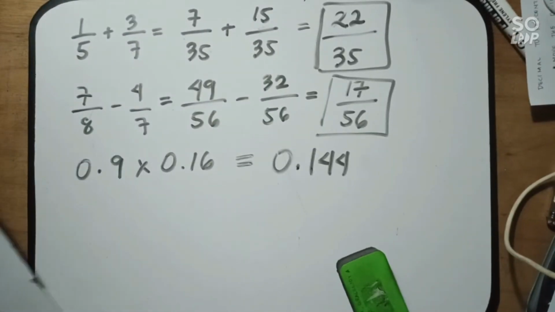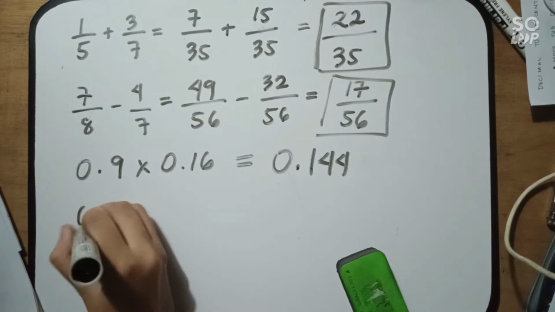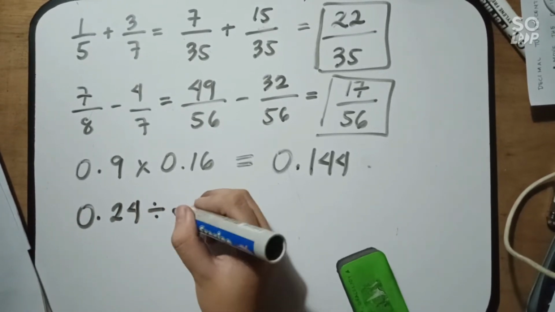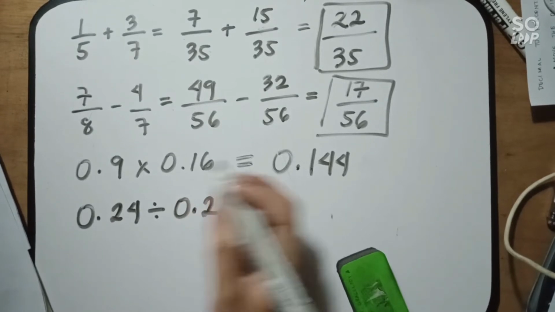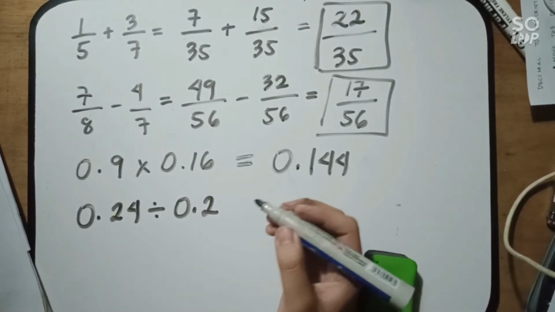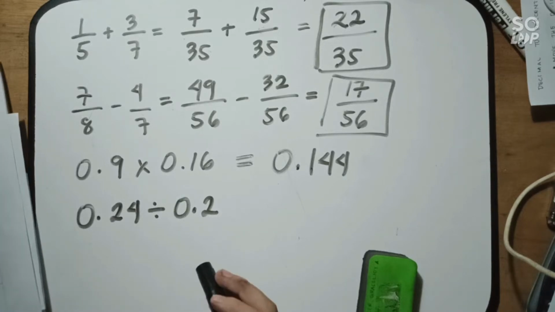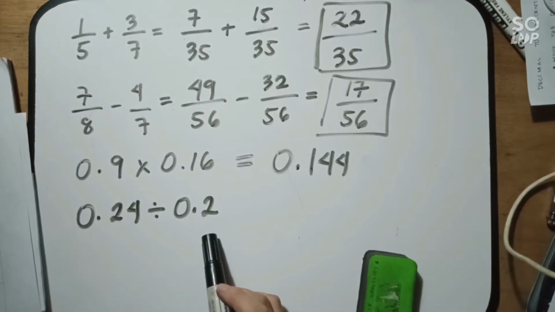For division, in the given, divide 0.24 divided by 0.2. In dividing decimals, we first make the decimal number into a whole number.